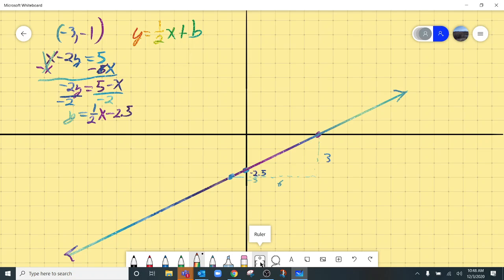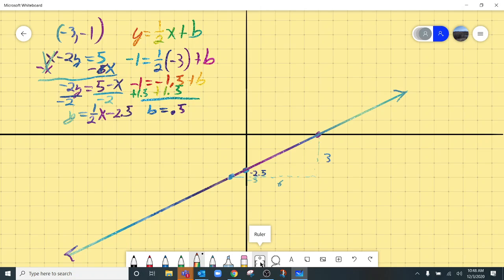So we're going to plug those in for our y and our x. -1 equals 1/2 times -3 plus b. That becomes -1 equals -1.5 plus b. Add 1.5 to both sides, and b would then become 0.5 or 1/2.